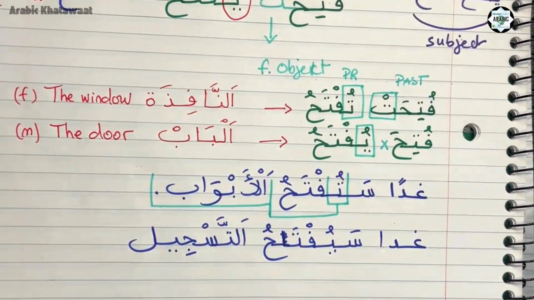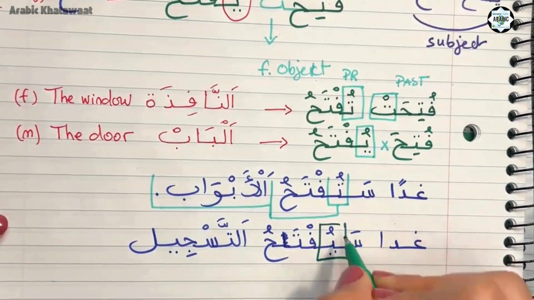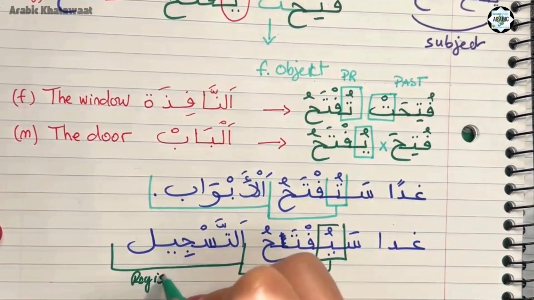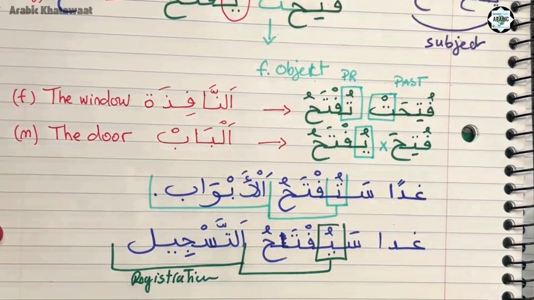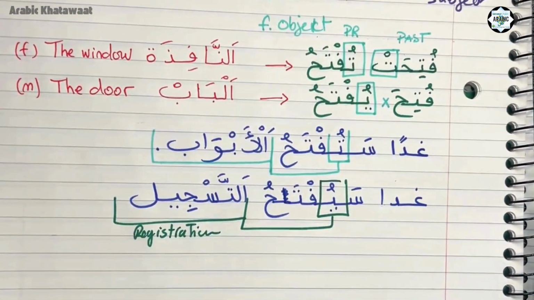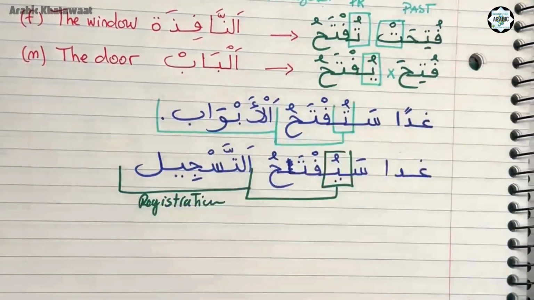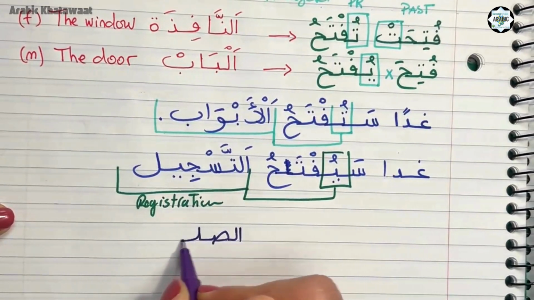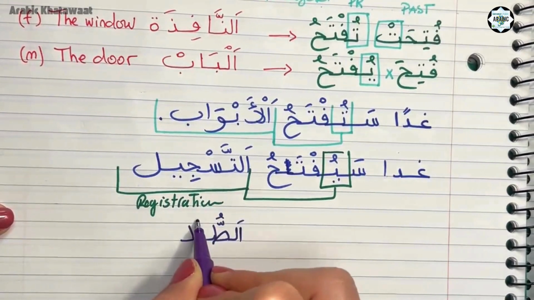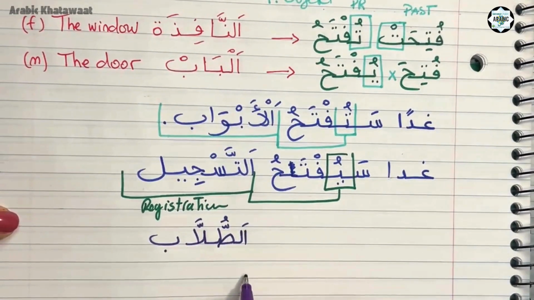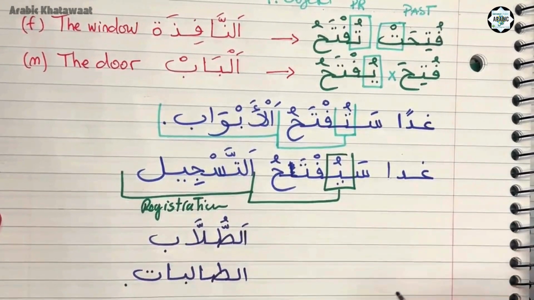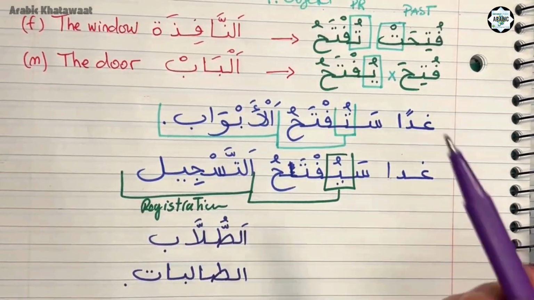So the gerund is masculine. I am indicating the ya, referring to registration, which is a gerund. If I have decided to use people here, and I would say الطلاب or الطالبات, I still use the singular feminine and the singular masculine in the passive form.